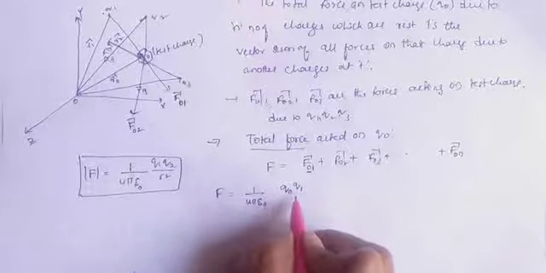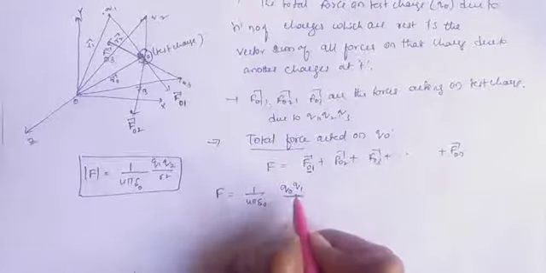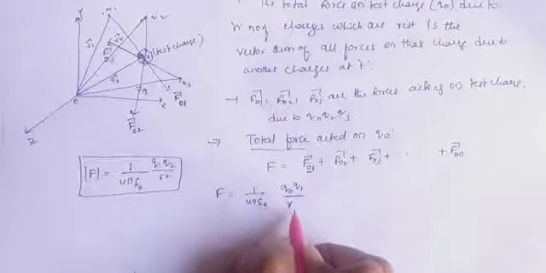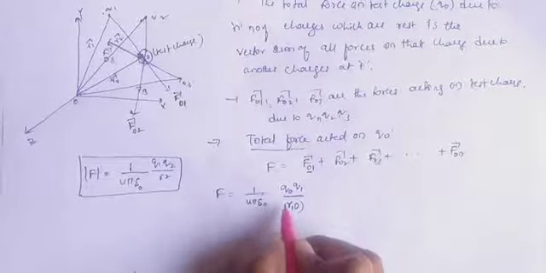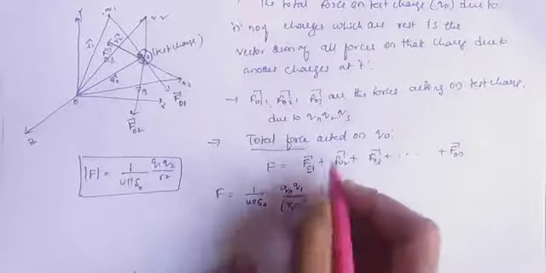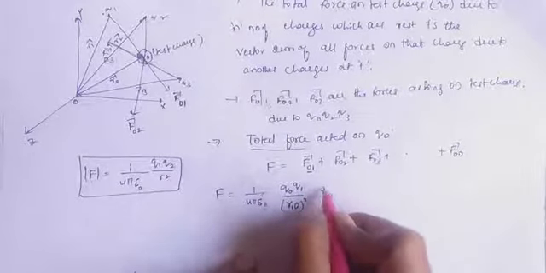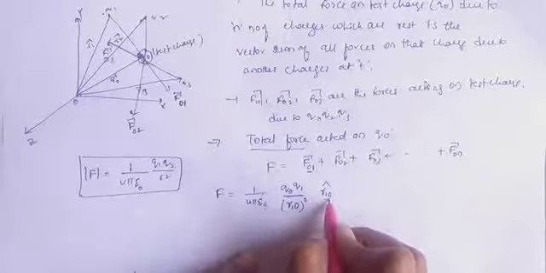So this is the test charge and this is the force-applying charge, and here we take the position vector from the first charge to the test charge, that is r10, whole square. Now we have to take the unit vector, r10 cap. This gives the direction of that force.